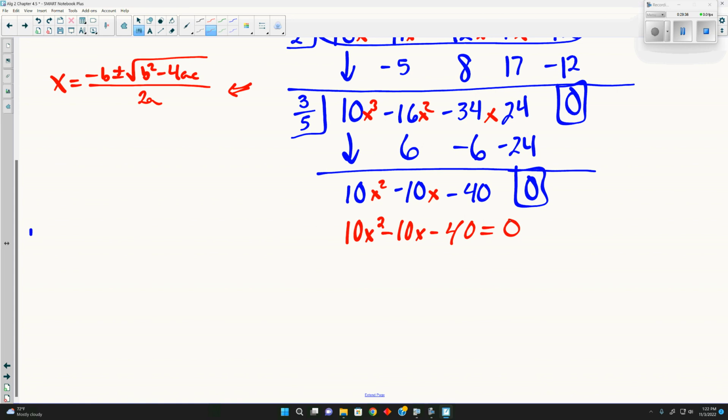Now, I did show y'all, especially graphing yesterday, that if there's a constant term that's just a number, we can remove it. It still gives us the same equation, just a little bit easier to work with. Here, there's a greatest common factor of what? 10.